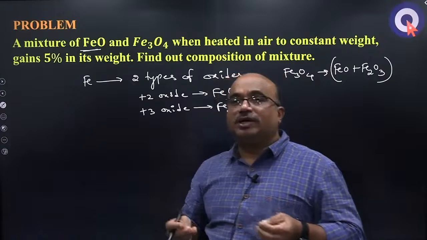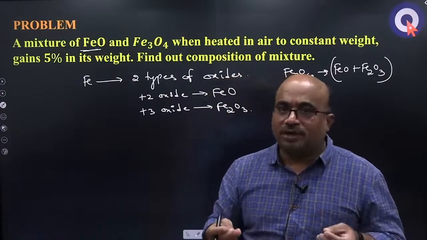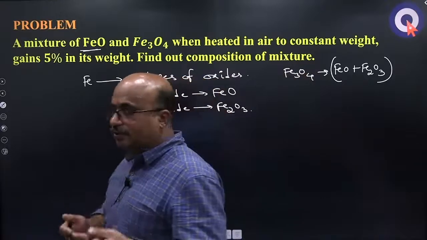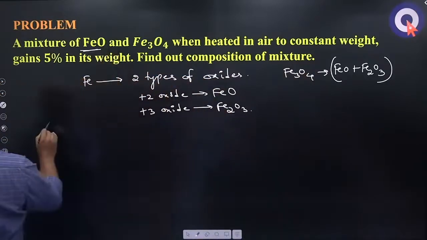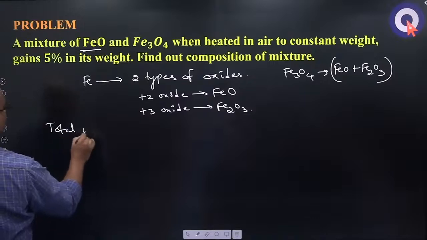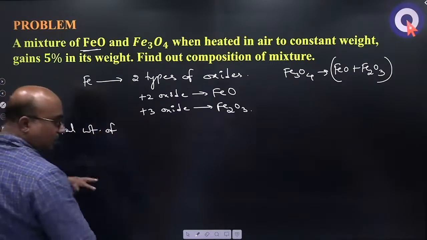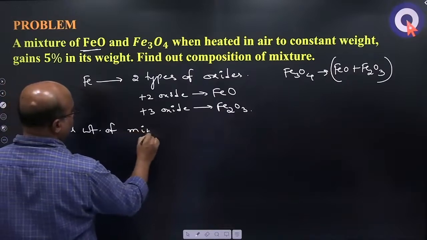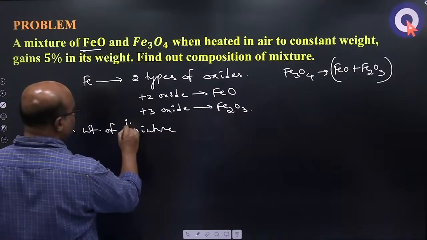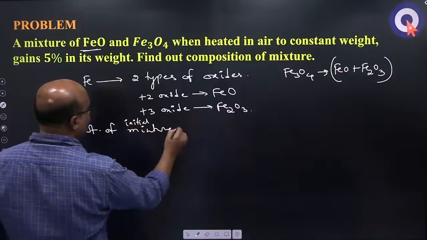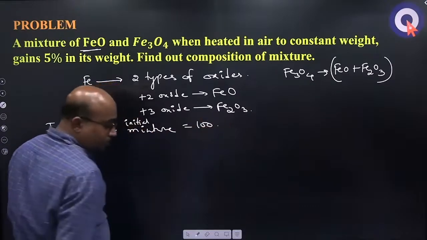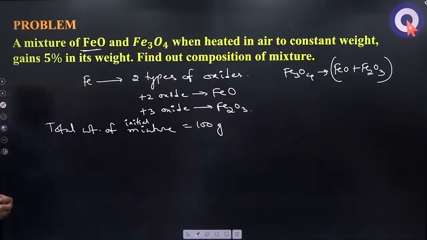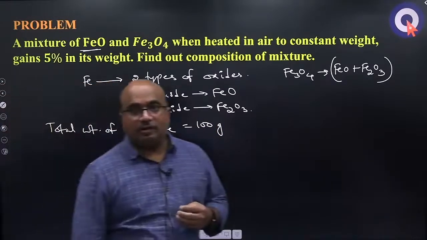Mostly composition is nothing but what we say in terms of weights, percentages. So let us take the total weight in such cases, because we have to calculate percentages. The total weight of the mixture, or initial mixture, let us say, is 100 grams.